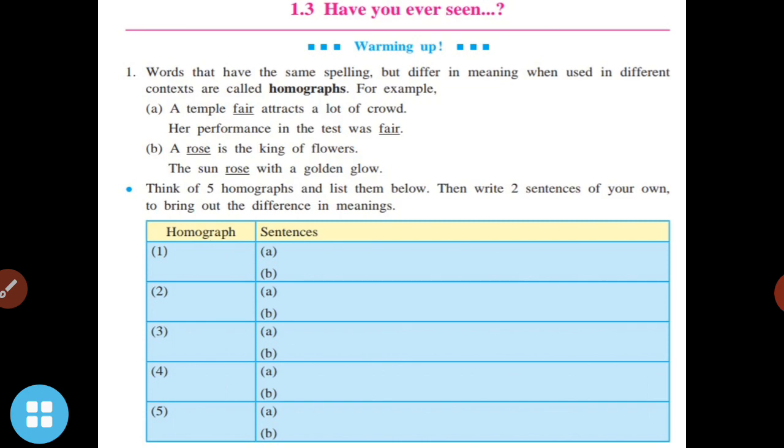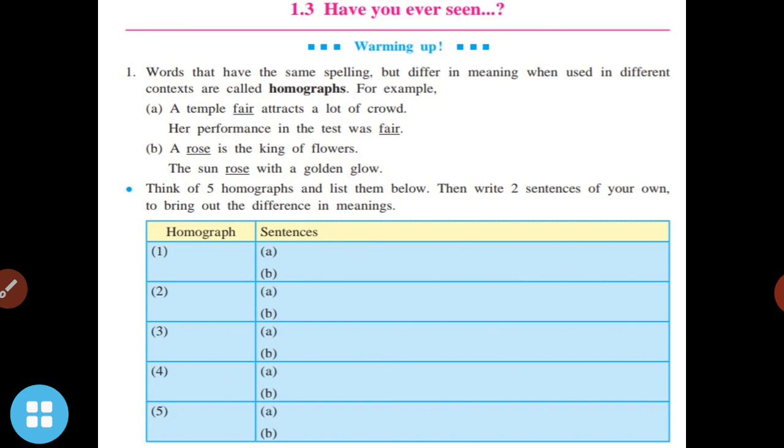First: a temple fair attracts a lot of crowd. And the second example: her performance in the test was fair. The underlined word fair is a homograph, because it has two different meanings.